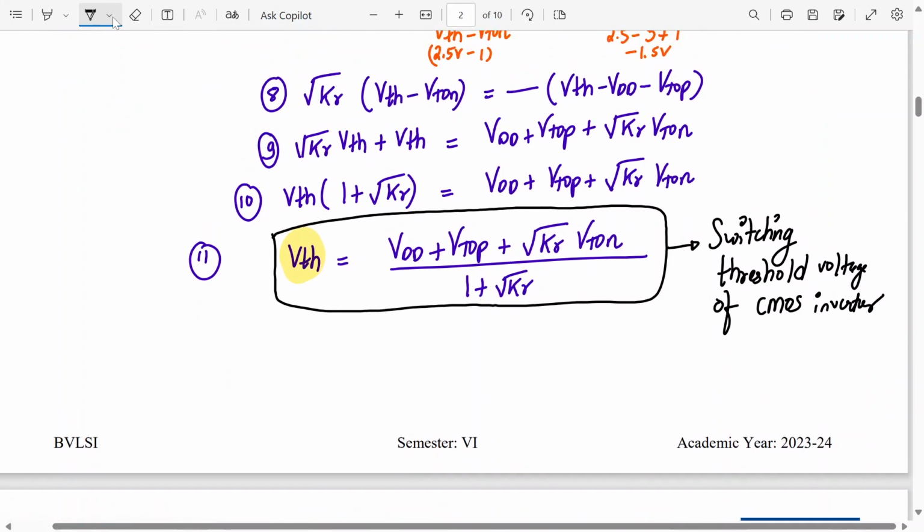So how is the different form written? Let me write that form also, form number 12. We can write the same thing as follows: VTH is equal to, we can divide both the numerator and denominator by Kr. So what will come over here?